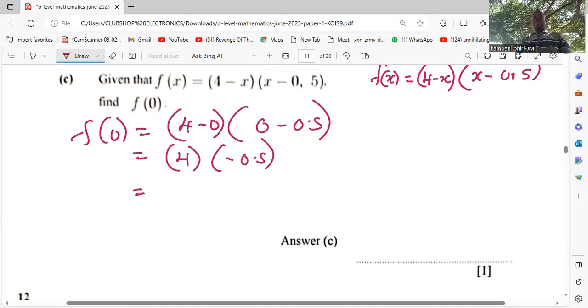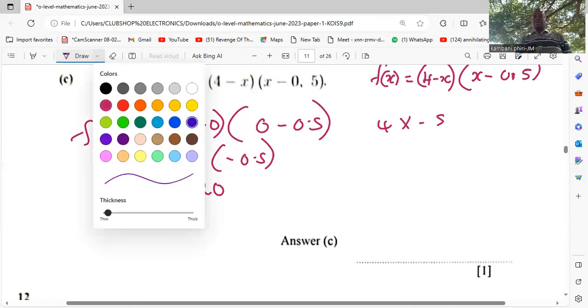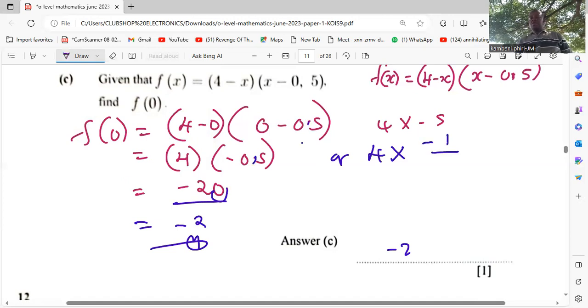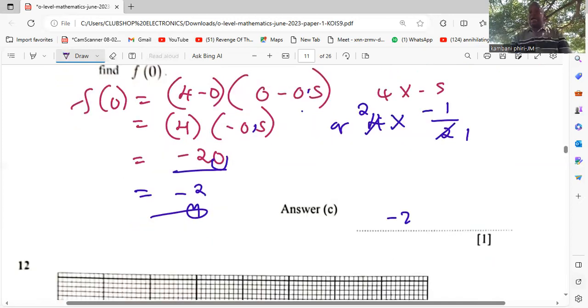If you have a problem, just multiply 4 by negative 5, and you get negative 20. But there's only one decimal place here, so I'll put one like this. The answer becomes negative 2. Or you can say 4 over negative 0.5 is the same as negative 1 over, so here 1, 2 by negative 1 is negative 2. That's our answer. I hope that is fine.